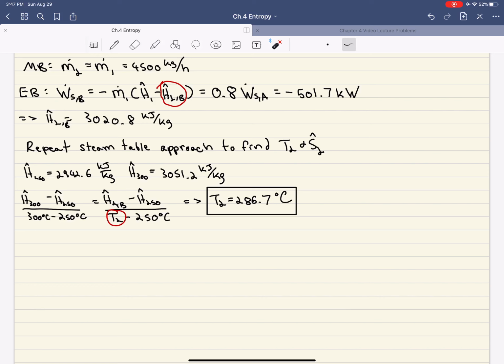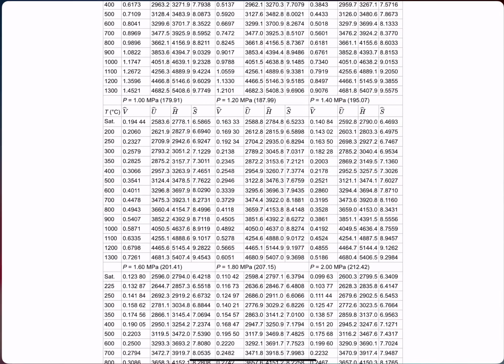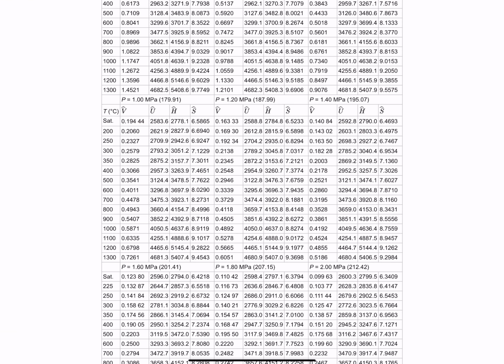In any case, now that we have T2, we can go back to the steam tables and interpolate the entropy values in order to get the S2 value. We look at the entropy values for 250 and 300.